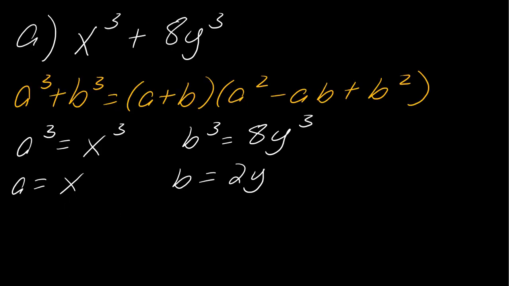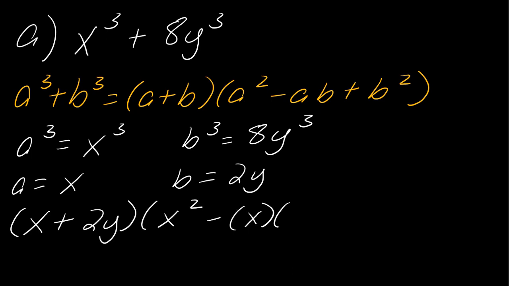Okay, once you have figured out that information, the rest of this is just plugging everything in. If you're struggling with this, I would really encourage you to pause and try this on your own before you watch me do it, because math is not a spectator sport. If you're trying to understand it, you learn by doing it. So this is going to be x squared minus x times 2y plus 2y squared.